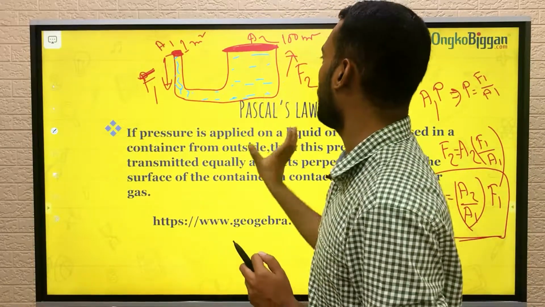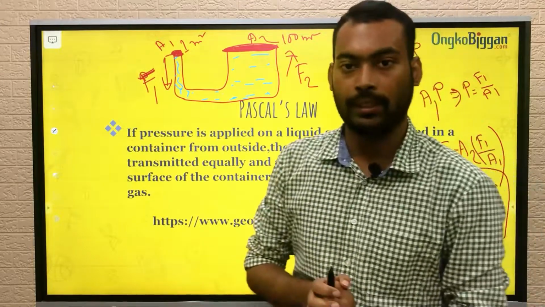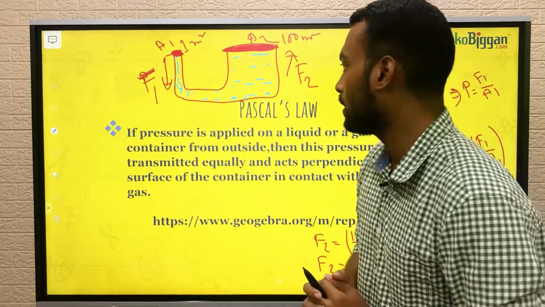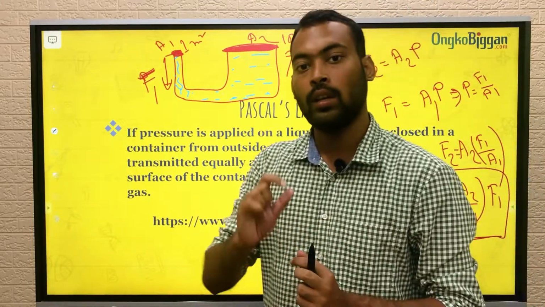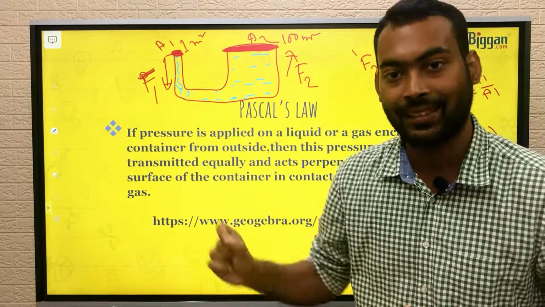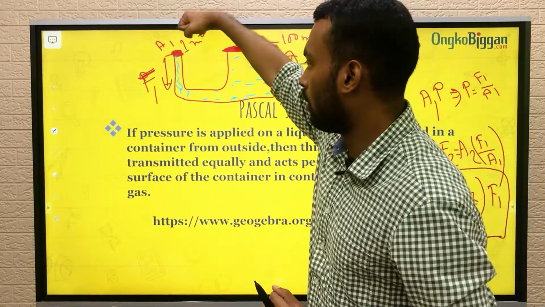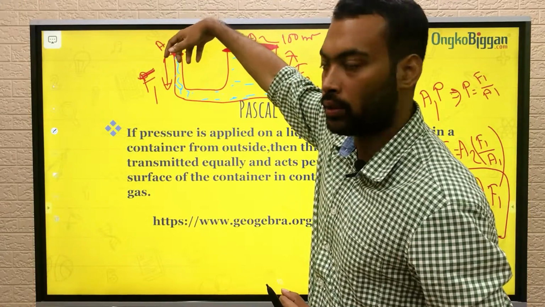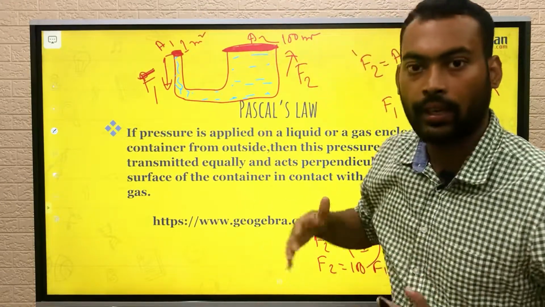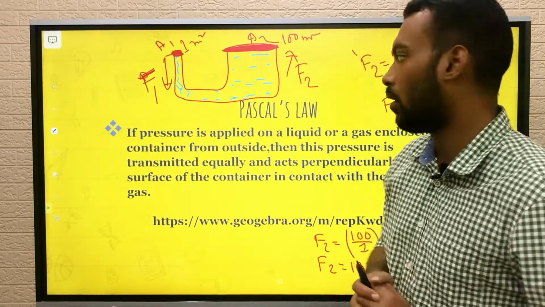Through this container, you are getting more pressure. This is the idea of Pascal: if you want to increase the pressure of any substance without using much energy, you can do that easily. You can give 1 Newton of force on this side, and from this side you will get 100 Newton of force. So this is the idea of Pascal.